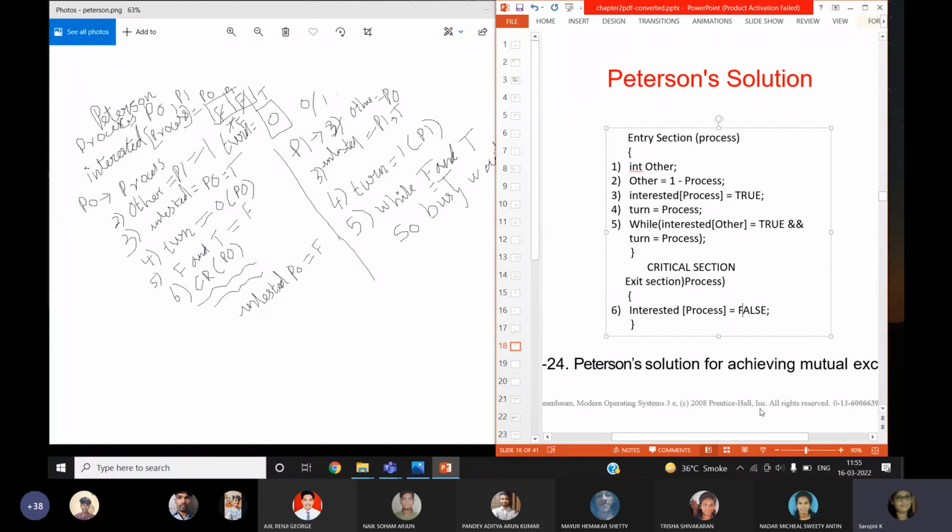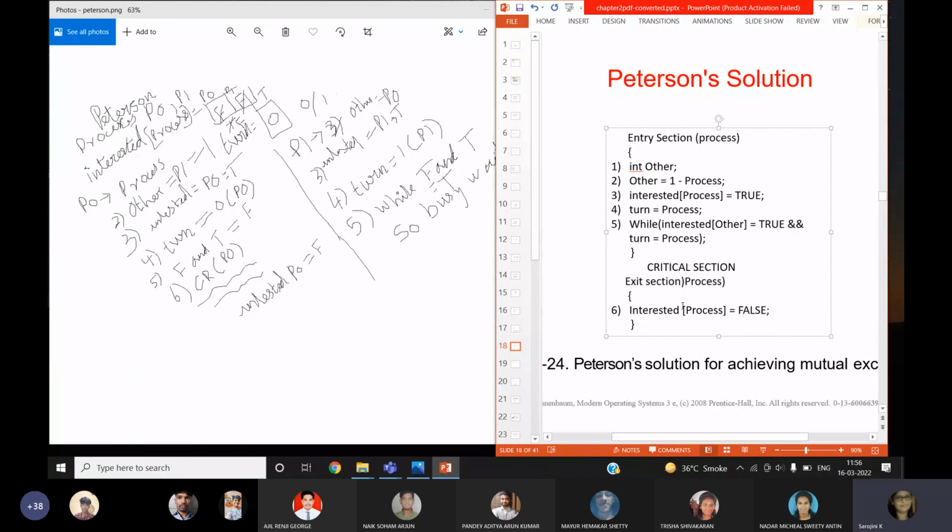But here also this algorithm is designed to execute by two processes only. How am I saying this? Because here the other will be 1 minus process, that means other can be either 0 or 1. Even turn equals either 0 or 1. That means only two processes. Here we are considering only two processes.